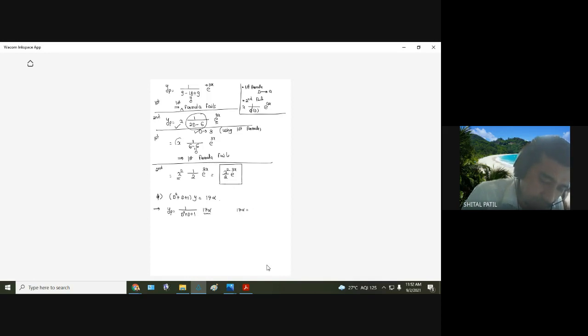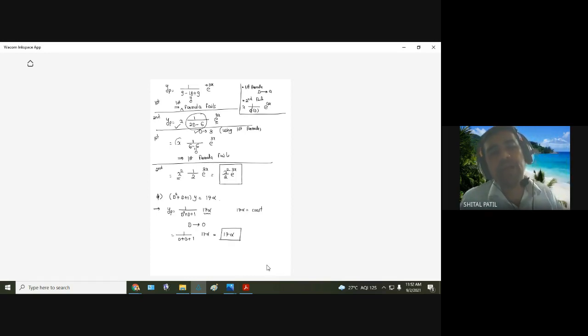A constant. And what is the formula for constant? We replace d by 0. 1 upon 0 plus 1 into 17 alpha. So what is the answer? 17 alpha. That's it. Is everyone getting it? That is how to use the formula for constant.